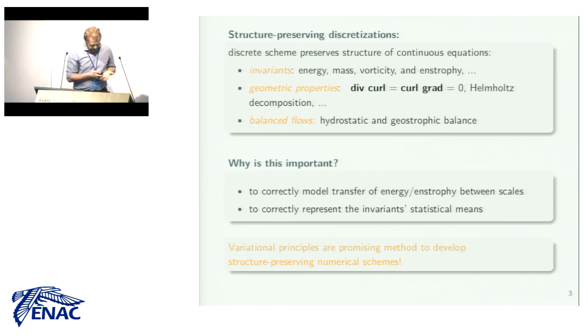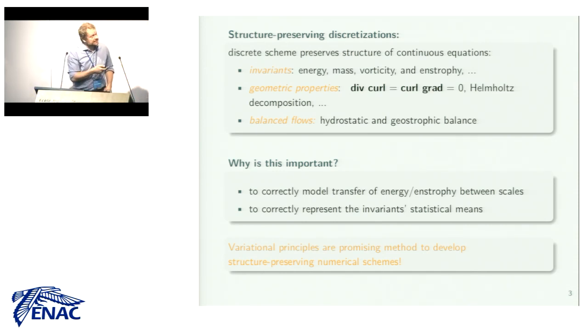And why is this important? When we don't have structure preservation, we have a wrong interaction between energy and entropy on the scales that leads to a wrong representation of waves. On the other hand, structure preservation is important to have good statistical means. It can be shown that if we use schemes that are not structure preserving, the statistical means can be wrong.